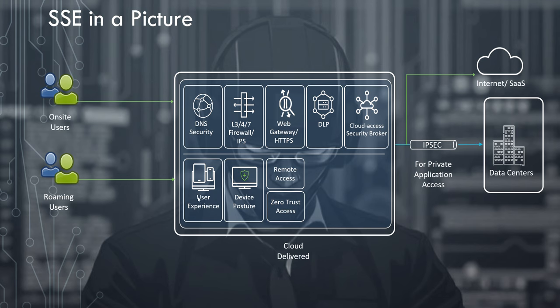Also, it will show you the user experience, because now your users might be connecting from wherever they are, and they might be complaining, hey, that application is slow and this is slow. So now the troubleshooting for your level 1 admins would be a harder job, but the user experience features built into these SSE products will help you find out what your endpoint is doing, what's the strength of the wireless signal, what's the speed of your internet connection.